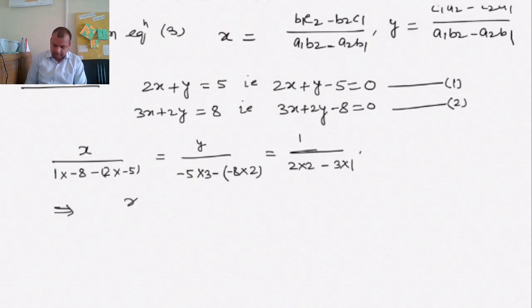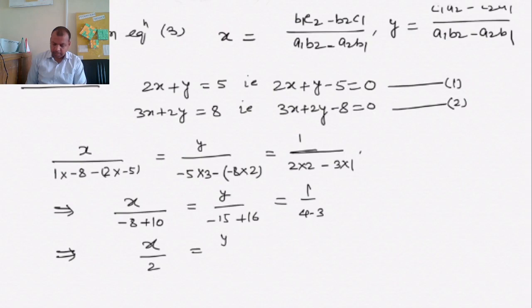Thus we have x upon minus 8 plus 10 equals y upon minus 15 plus 16 equals 1 upon 4 minus 3. And this implies that x upon 2 equals y upon 1 equals 1 upon 1.